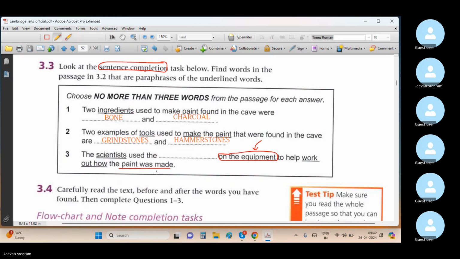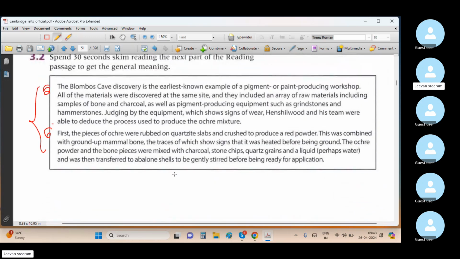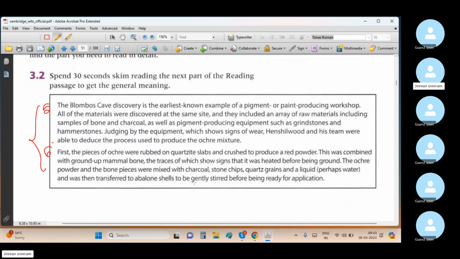Anybody? The answer is actually something that was on the equipment which was used by the scientist to understand the process of making paint. This was combined with ground up mammal bone, the traces of which show signs that it was heated before being ground.